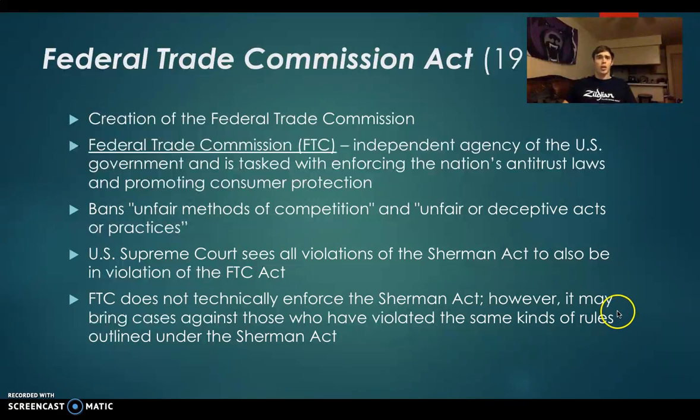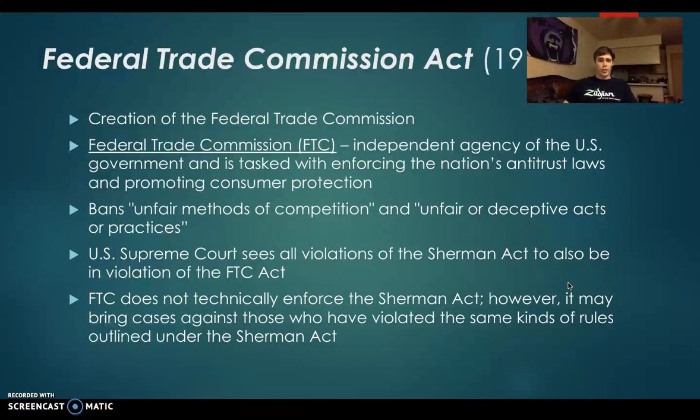So let's talk a little bit about the Federal Trade Commission Act. This one was established in 1914. It actually created the Federal Trade Commission. The Federal Trade Commission is an independent agency of the U.S. government, and is tasked with enforcing the nation's antitrust laws and promoting consumer protection.